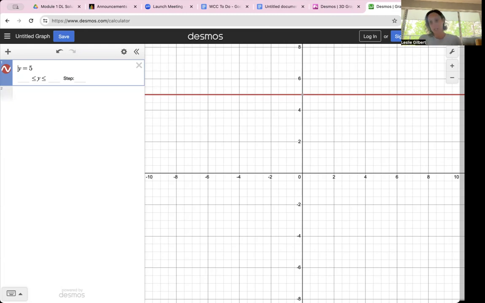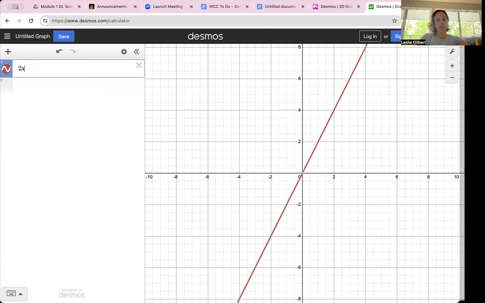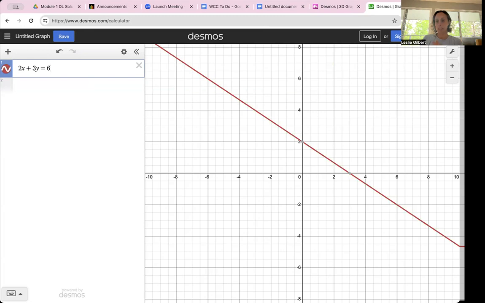That's why we don't bother mentioning the X. Whereas for something like 2X plus 3Y equals 6, we end up with a slanty line, and there's a relationship between the X and the Y where they have to satisfy this relationship.